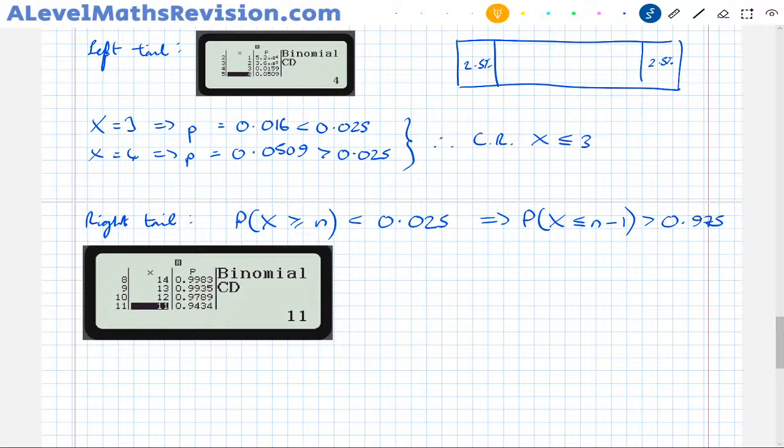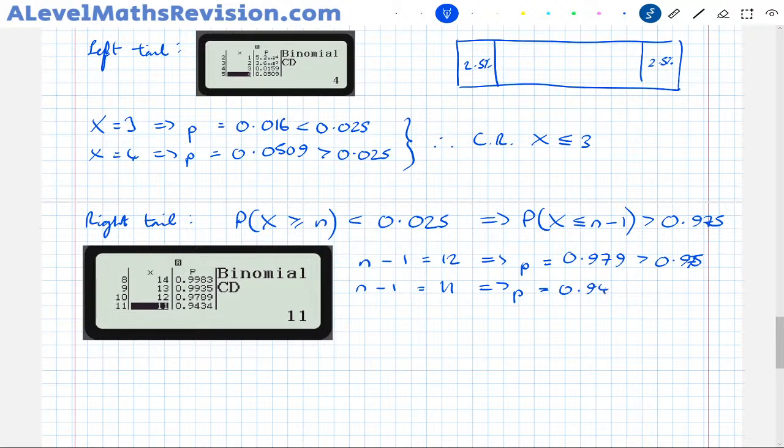So in this case, n minus 1 equaling 12 gives us probability equal to 0.979, which is greater than 0.975. That's what we wanted. n minus 1 equals 11 gives us p equals 0.943, which is less than 0.975.